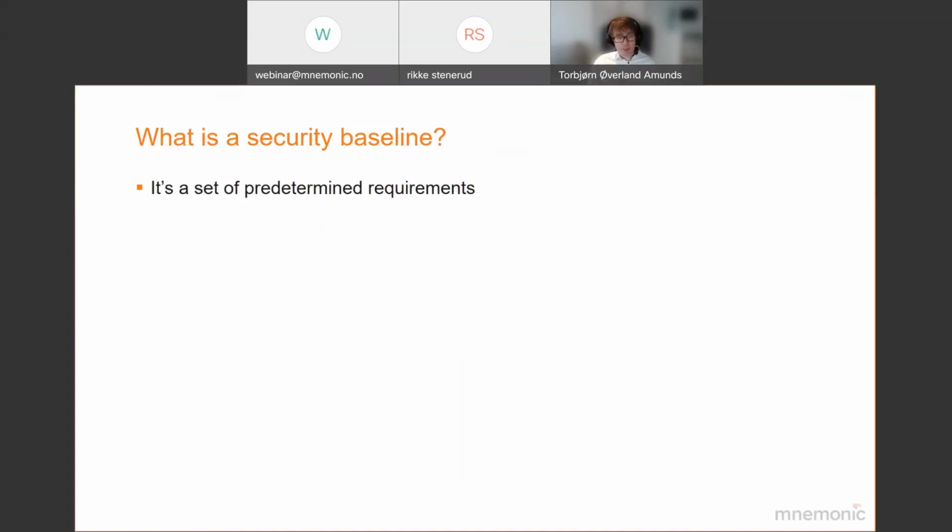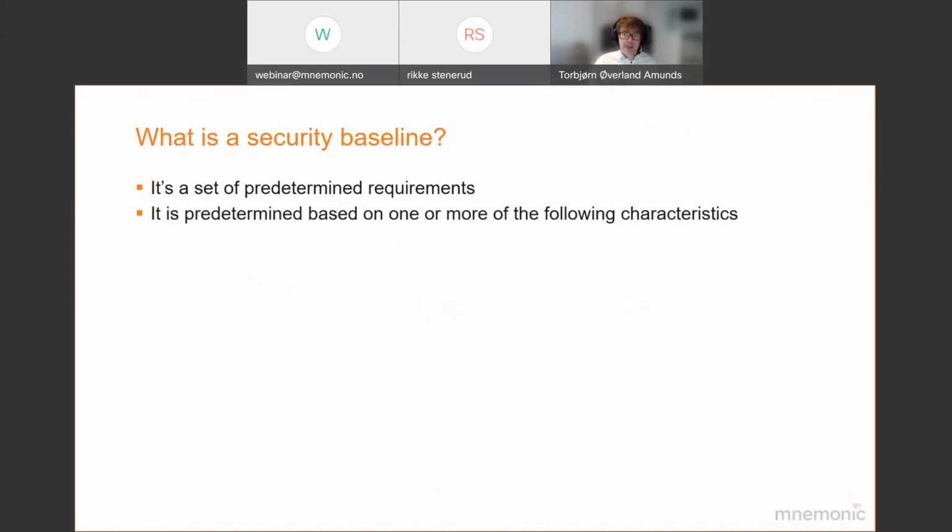But then you have to ask, how can you predetermine? And you can predetermine based on one or more of the following characteristics. The one you are probably all familiar with is classification, which I mentioned before, with some examples here. For example, strictly confidential, where you often see the four classical levels: public, internal, confidential, strictly confidential.